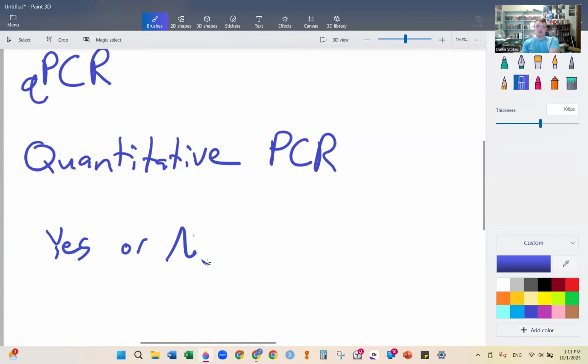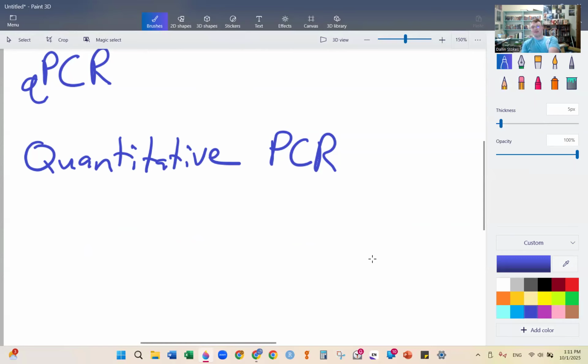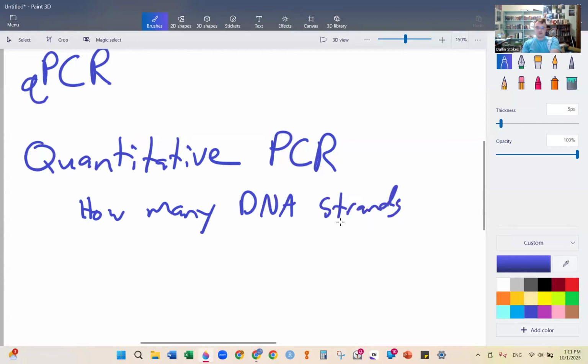So quantitative PCR can give us an idea of how many DNA strands you start with.